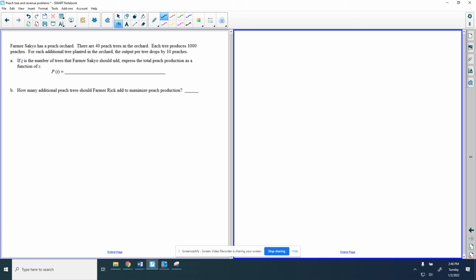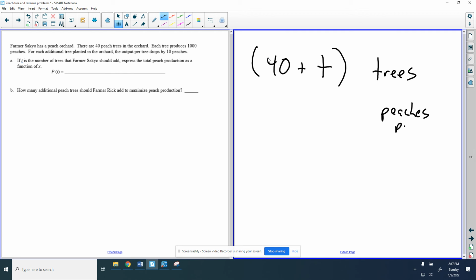Okay, so what is the number of trees? He started with 40, and he's adding one peach tree at a time. The number of trees is 40 plus T. How many peaches per tree? Well, he started with 1,000. And notice that he is dropping by 10 every time he plants a tree.